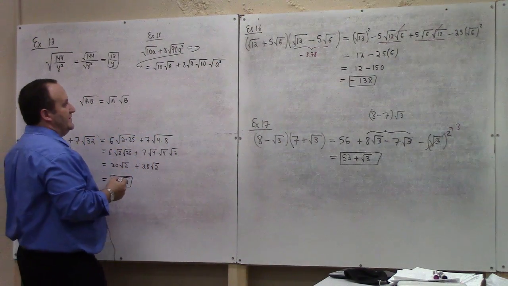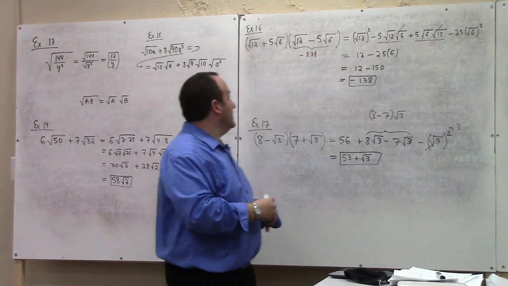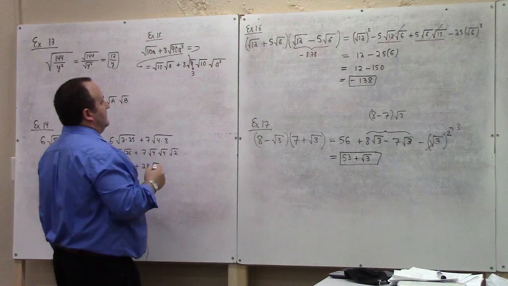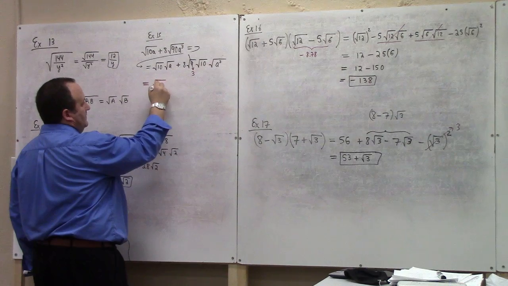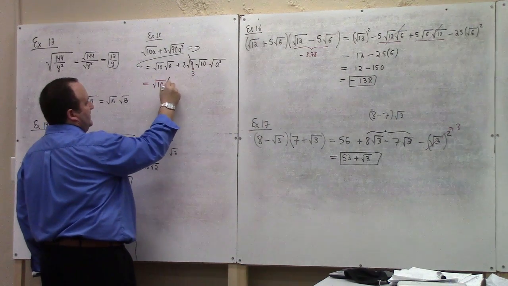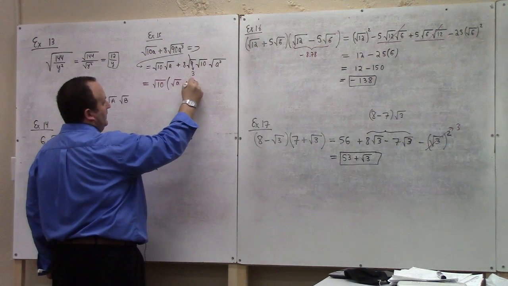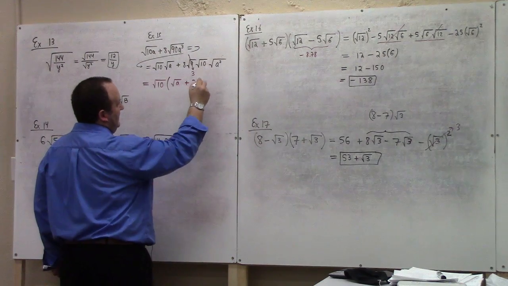Of course, the square root of 9 is 3. And so we've got a common square root of 10 I could factor out, right? So we've got square root of 10 times the square root of a plus 24, and then I've got a to the what?